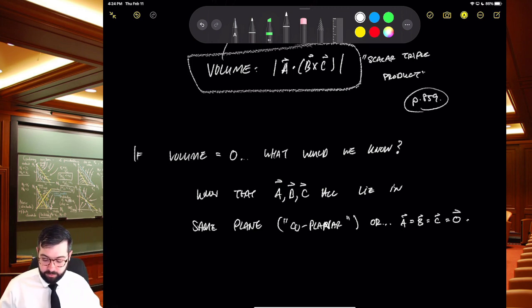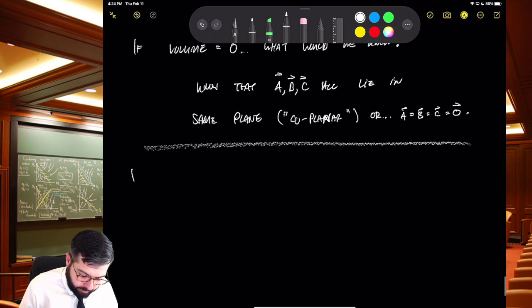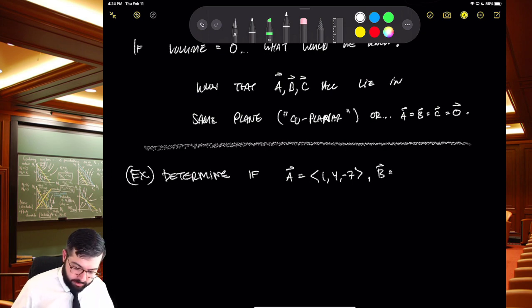The 0 vector. So let's do that. Let's test that out right now. Give you a chance to recall the dot product, practice the cross product, and test out this new idea.